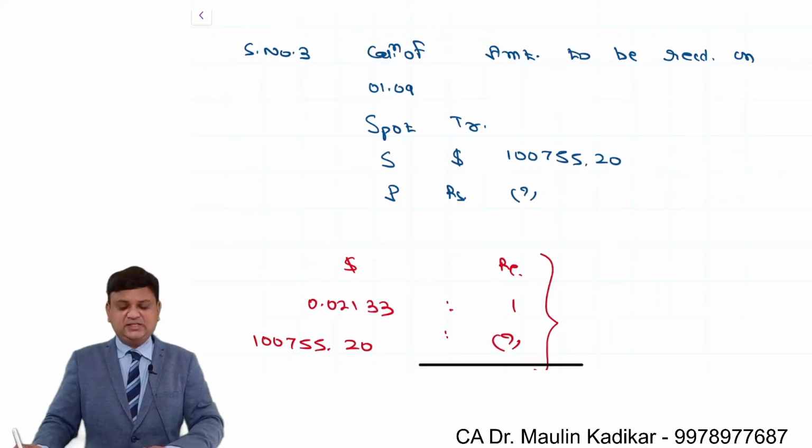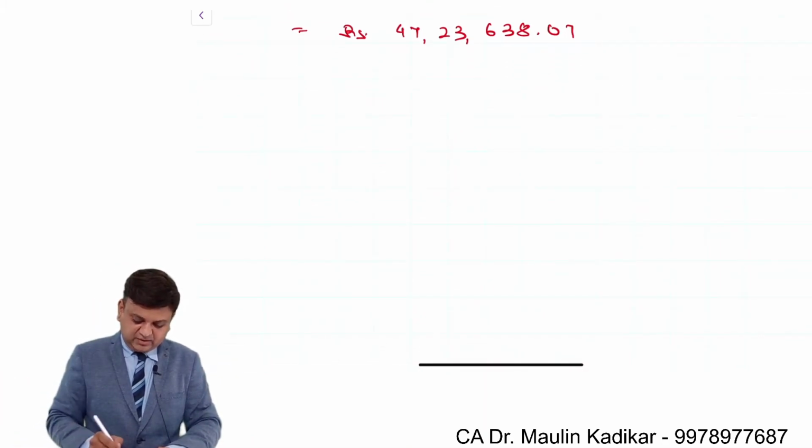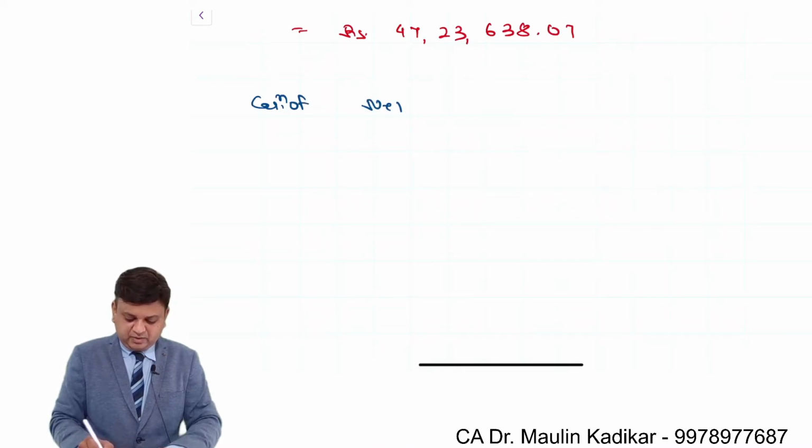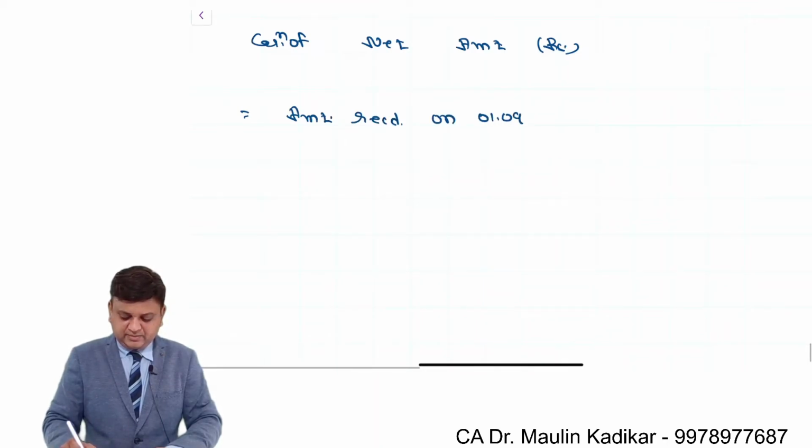So now let us understand how to incorporate the margin. So calculation of net amount, again in rupee terms. So amount received on 1st of September minus interest on margin.